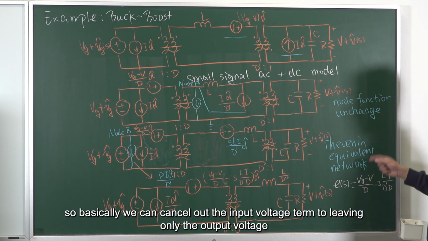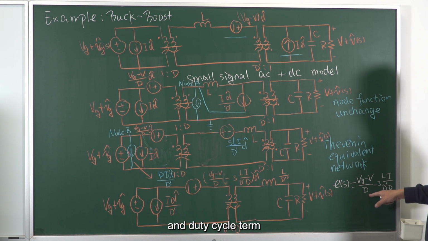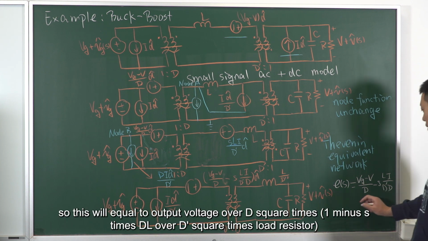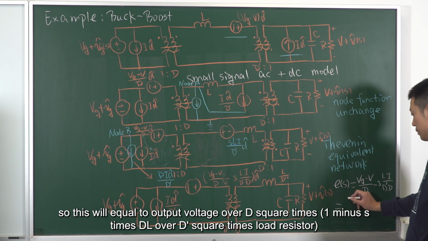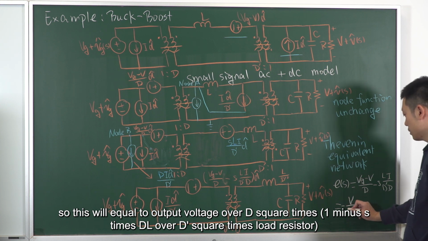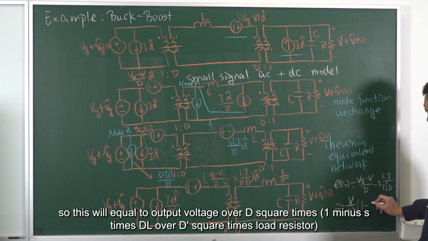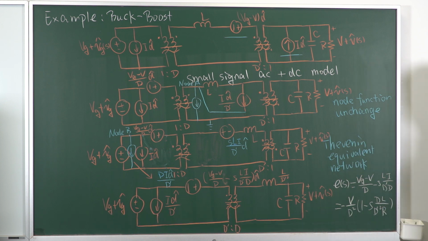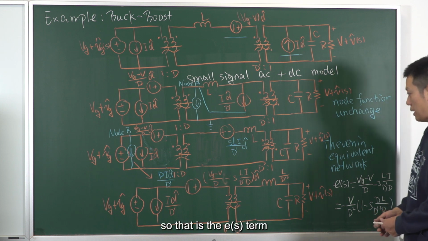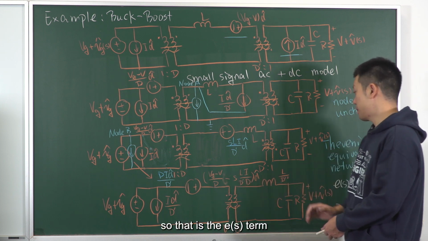So basically, we can cancel out the input voltage term, leaving only the output voltage and the duty cycle term. So this will be equal to output voltage over D square times 1 minus s times DL over D prime square load resistor. So that is the ES term.